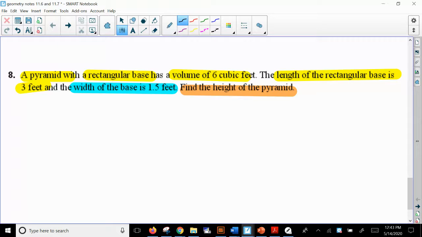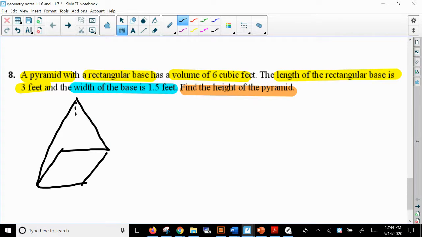I'm a visual person, so I like to draw it out, although my drawing of pyramids, they kind of suck. But I don't care. Bear with me, y'all. Oh, that is so ugly. Oh well, you'll be all right. So this is my rectangular pyramid.